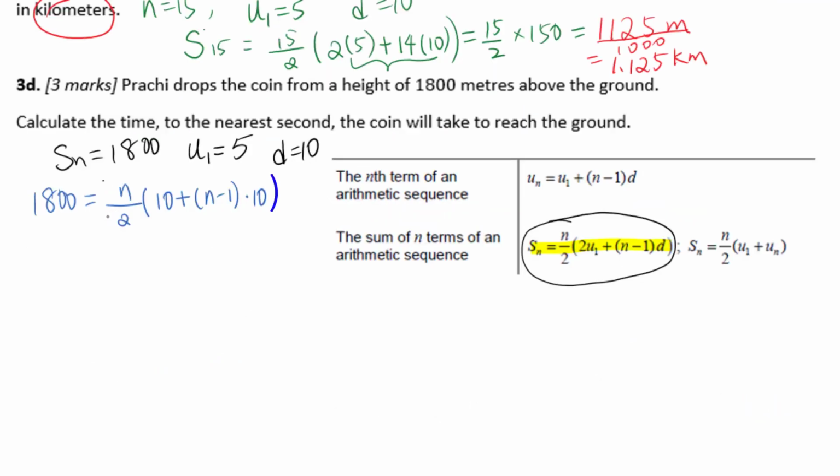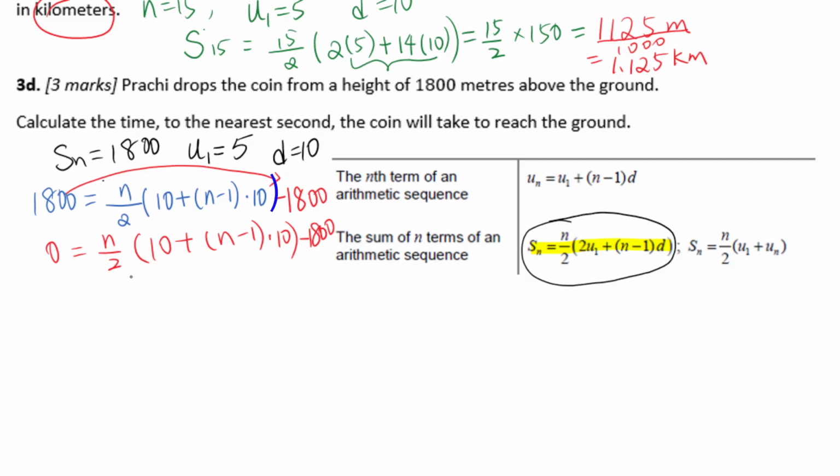Since I decided to use the equation solver, I just need to get the equal 0 form first. So move 1800 to the right side: 0 equals n over 2 times 10 plus n minus 1 times 10, then minus 1800.